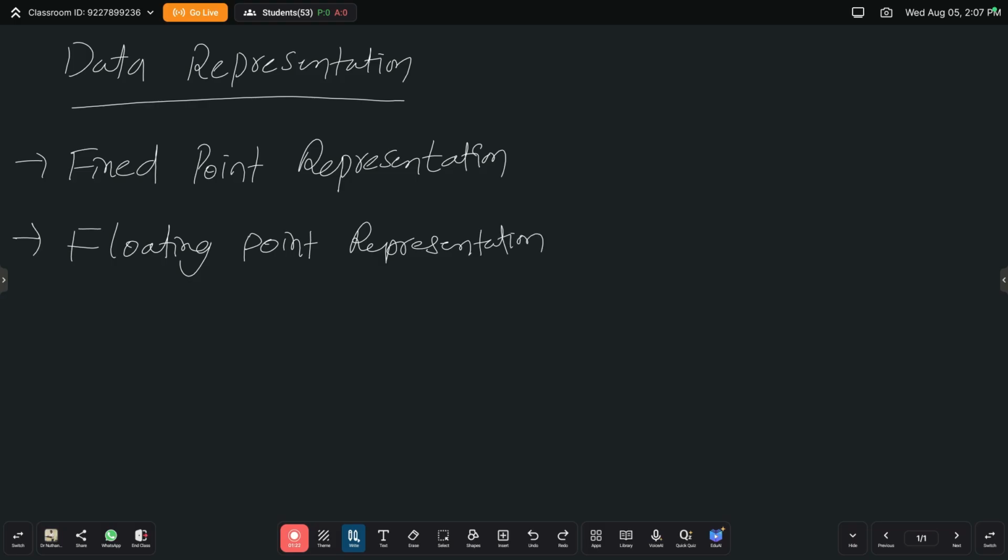So what is this fixed point representation? What is this floating point representation? In the name itself, we can understand. Fixed point representation means any number, because in a digital computer system, we are using number systems. Yes or no?